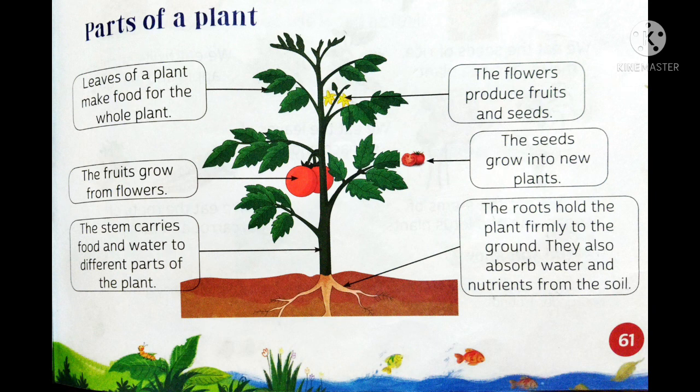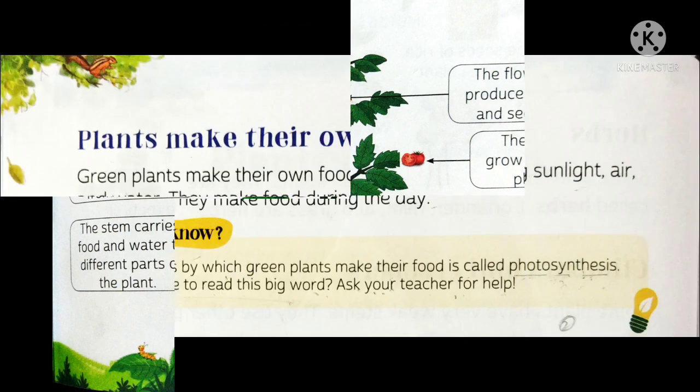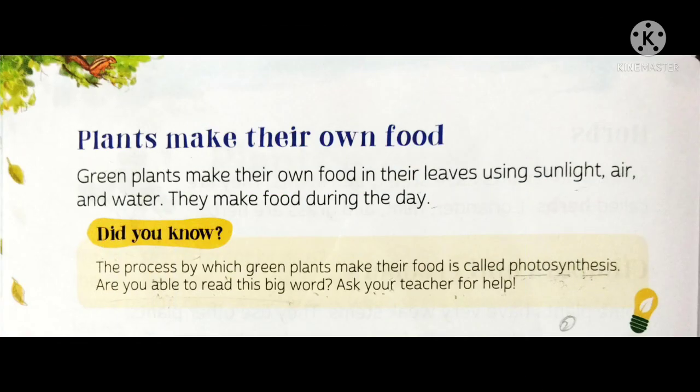Now come to the next page, page number 62. Plants make their own food. As we cook our food, the plants also prepare their own food. For that, the leaves of the plant use sunlight, air and water to make the food.